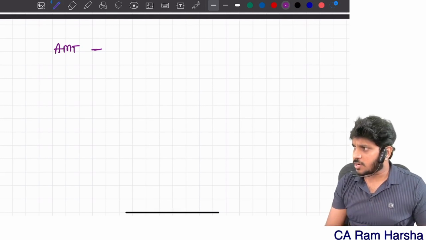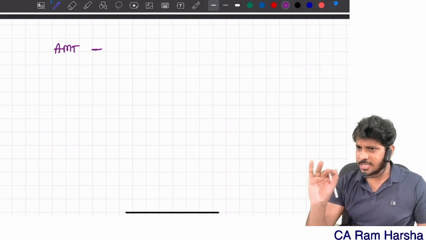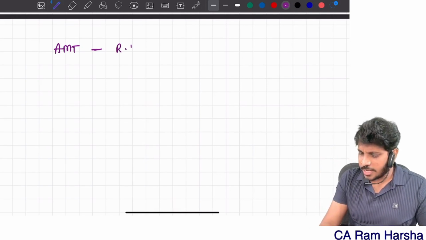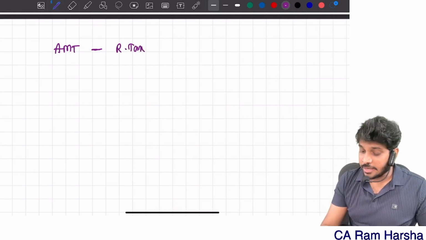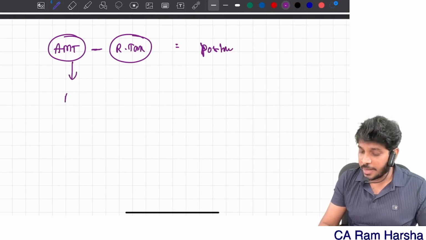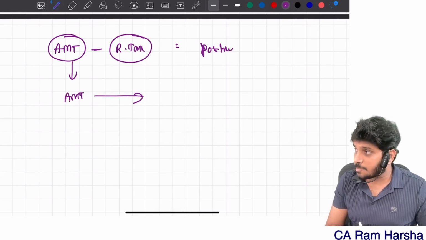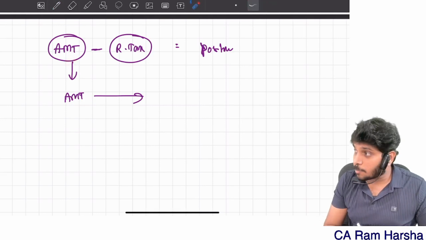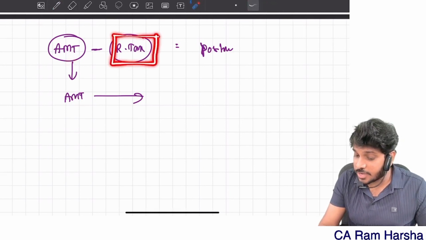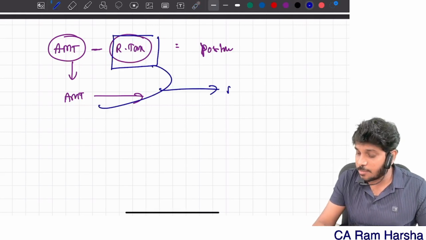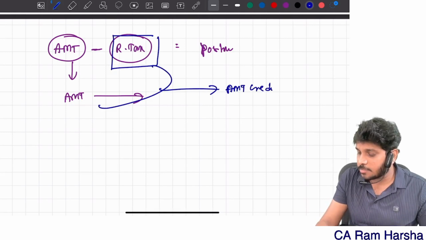If AMT is not there, normal total income is there. As per the normal tax rate, 30% and special income rates, you calculate regular tax. If AMT is more than regular tax, then you should pay AMT liability directly to the department, yes or no? And whatever tax paid under AMT in excess of regular tax, that extra amount is called AMT credit.